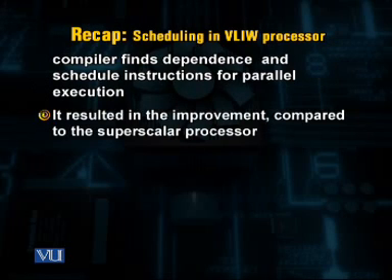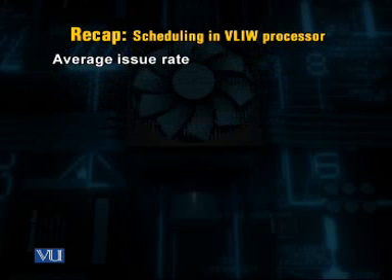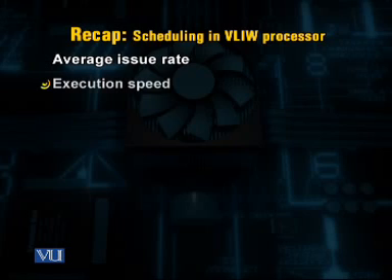It results in an improvement as compared to the superscalar processor in respect of two parameters, that is the average issue rate, which is the number of operations issued per cycle, and the execution speed, which is the time to complete the execution of a code.